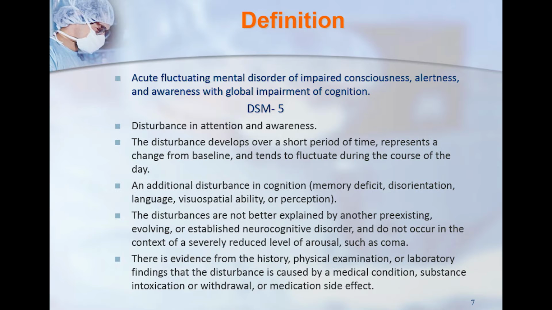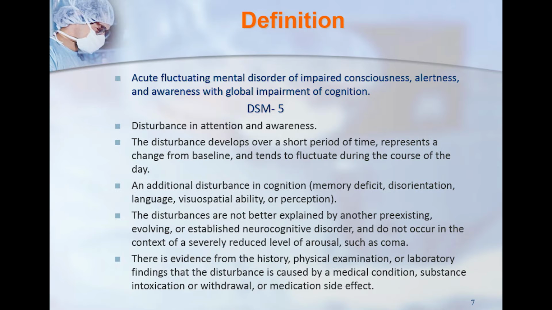The last one is evidence from the history, physical exam, or lab findings that the disturbance is caused by a medical condition. The best example is COVID infection. The patient on admission is positive, has a cough, and a confusion related to this infection.